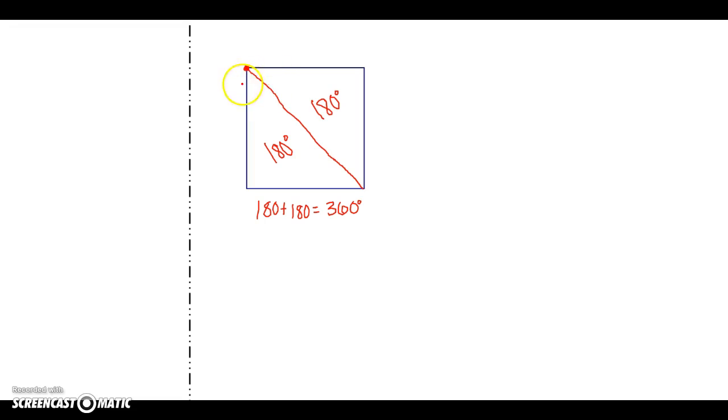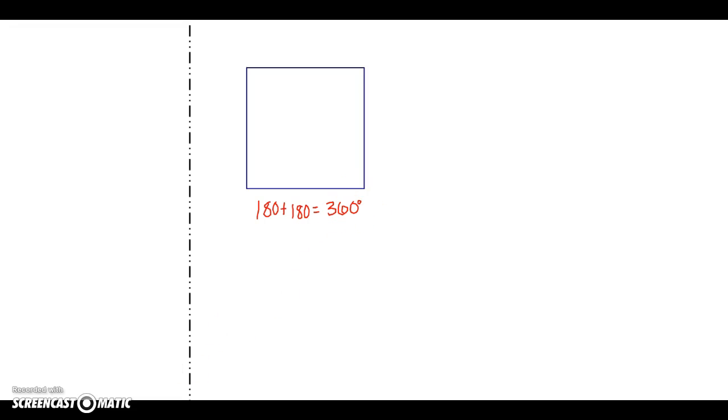So if I were to take away all this work we just did and just had this quadrilateral, what we know is that any four-sided figure, if you add up the four angles, it adds up to 360. Because remember, in a triangle, if I add up the three angles, they add up to 180. Any kind of triangle it is.